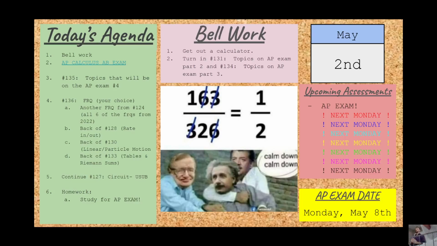You've been using it recently, but I think this practice is still good. Then, we're going to do one practice FRQ, but instead of me dictating which type it needs to be, I'm going to give you some flexibility, so we'll talk about that when we get there. And finally, that U substitution circuit that I've been asking you to work on, if you had time to, for about 4 different class periods. You should have a chunk of time today to actually get a bit of it done.